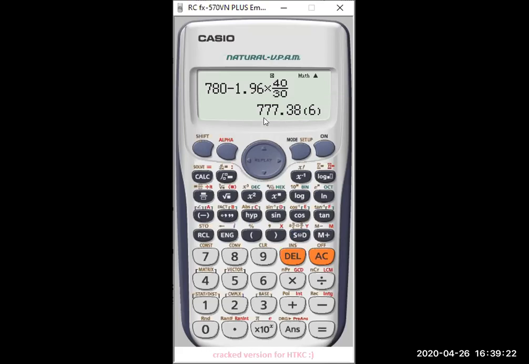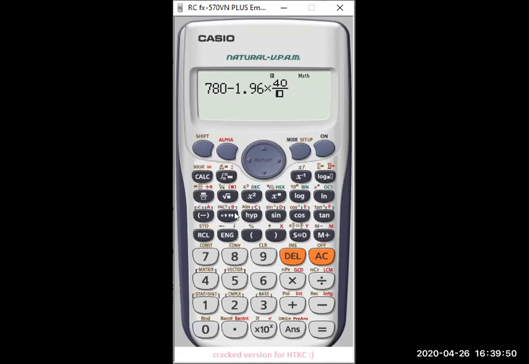Okay, where is the square root of 30? Okay, something went wrong. I'm trying again. 780 minus 1.96 times 40 divided by the square root.